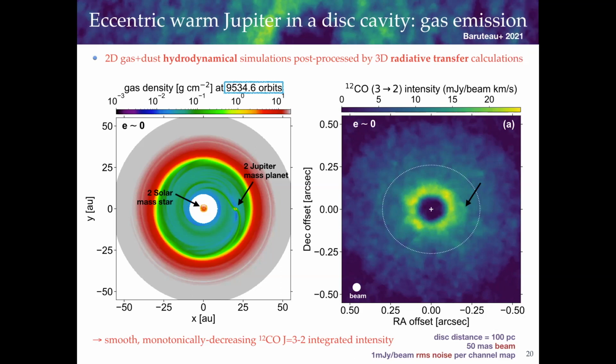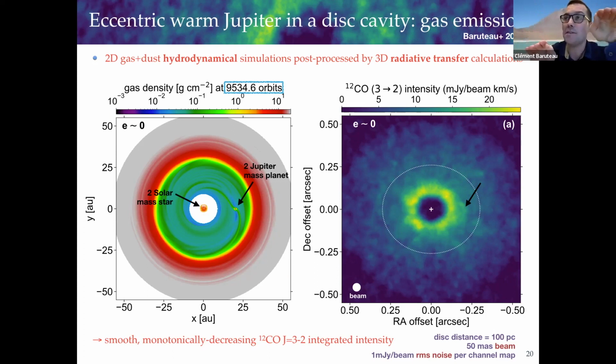And what is the width again of the cavity? I forgot the radial width of the cavity. Sorry, you said the radial width of the cavity? Yes. So you mean the range of radii for the transition between low and high level of density?